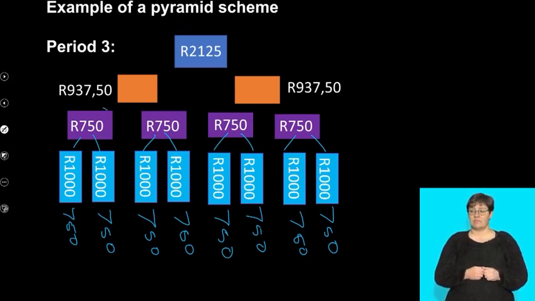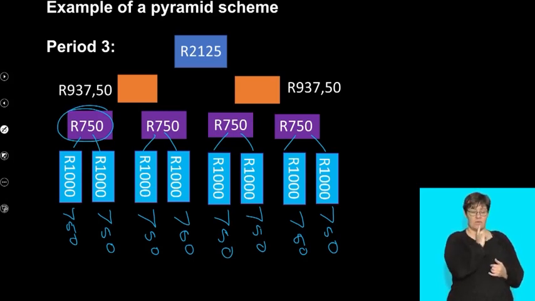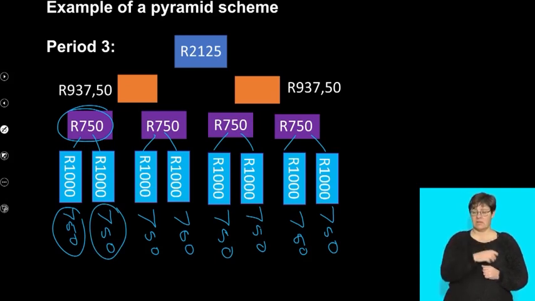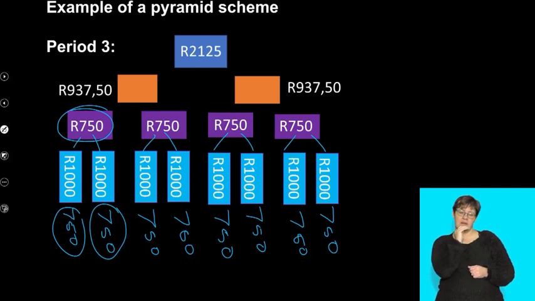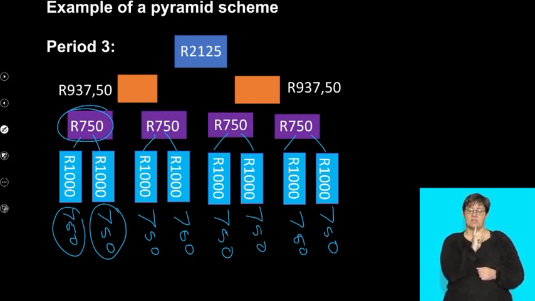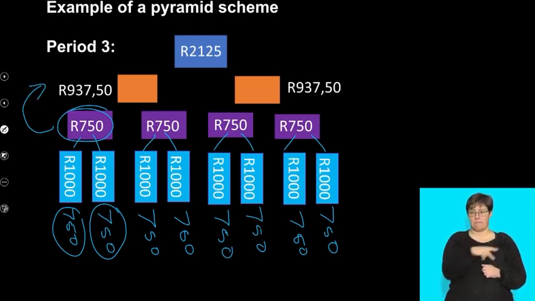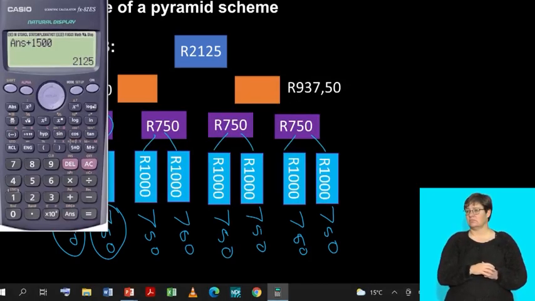So this person now is at 1,000 rand from one person, and if you add another person, it's at 2,250, which makes it 1,000 rand and 250. They also need to take out some money to give to that person. So let's quickly work this out.